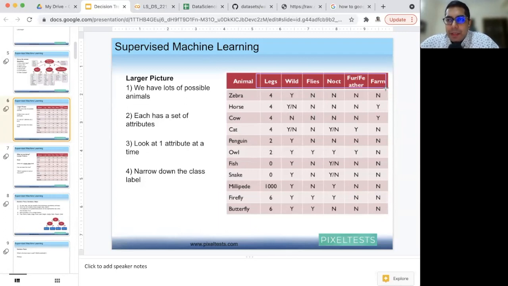Now, that's the tree top. How many ways can I pick further the second question? So let's say I ask the first question as, is it wild? So then the branches become yes, no, yes, no, whatever, right? Yes and no, 2 branches.